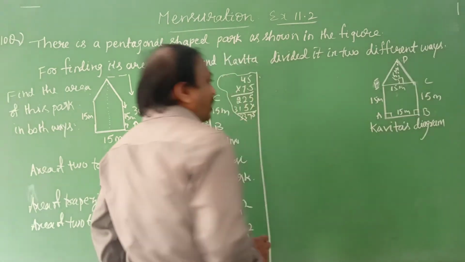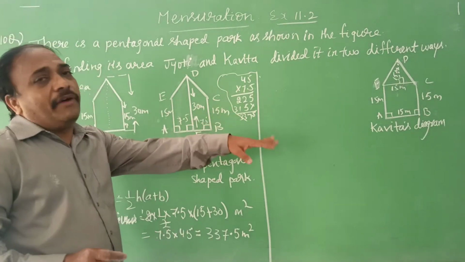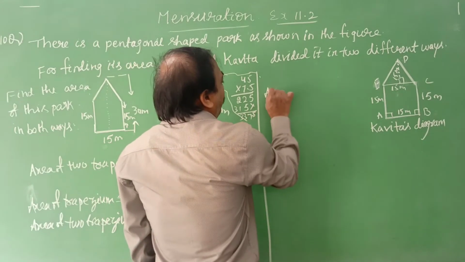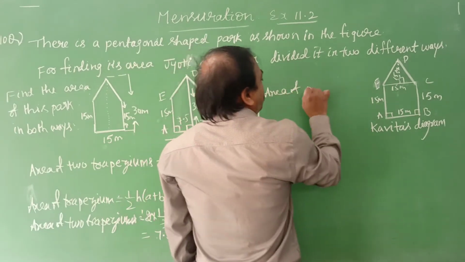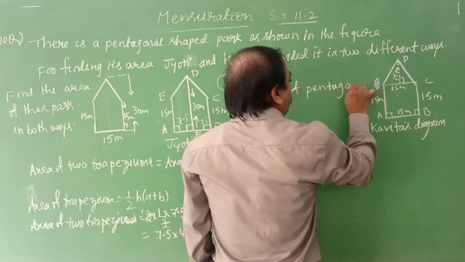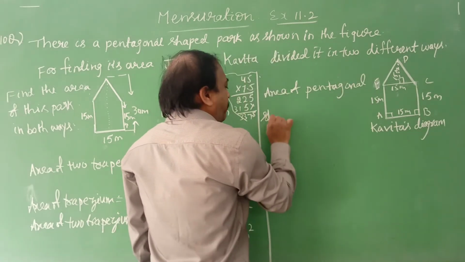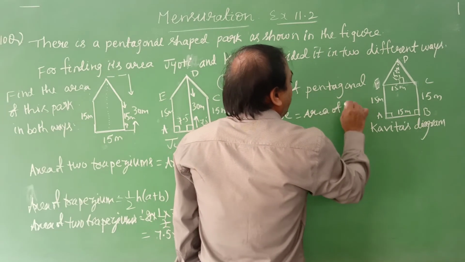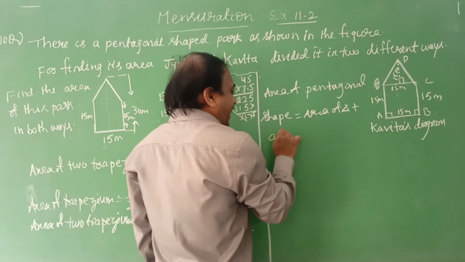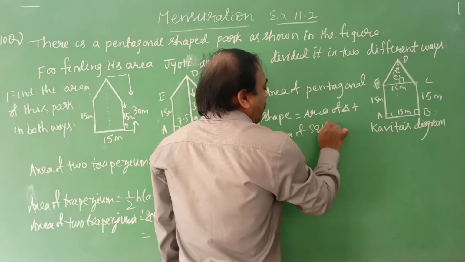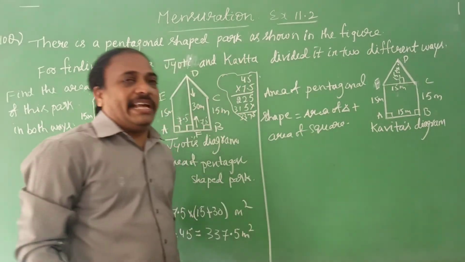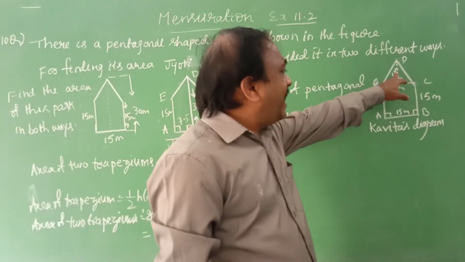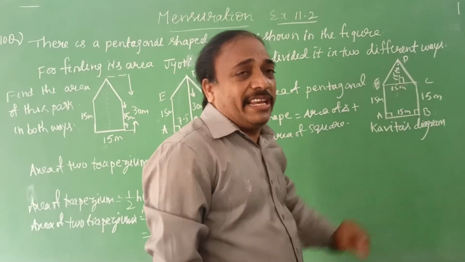So area of the pentagonal shape is equal to area of triangle plus area of the square. So area of triangle plus area of square together will give you the area of this pentagonal shape. What is the area of triangle formula?